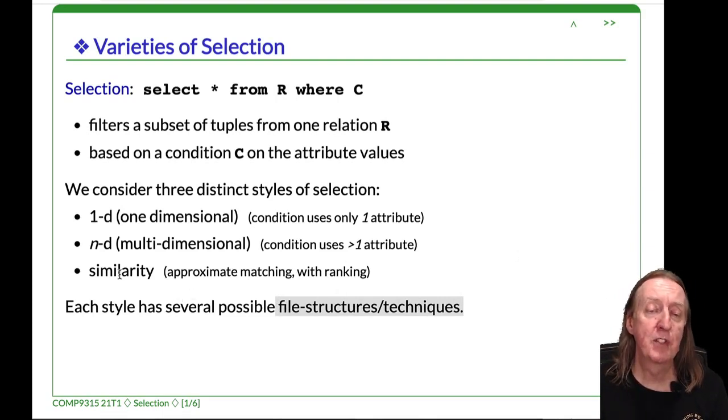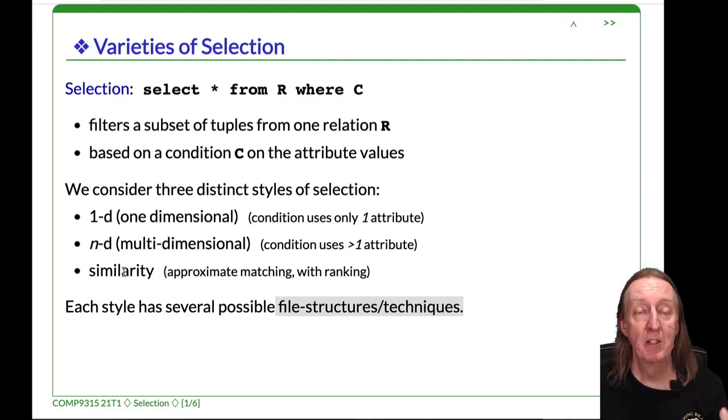And one final style of selection is similarity matching. This is not what you find in a regular DBMS. Postgres does have one kind of similarity matching, text similarity.